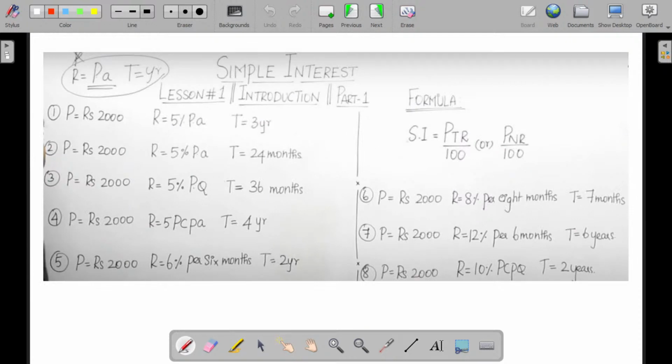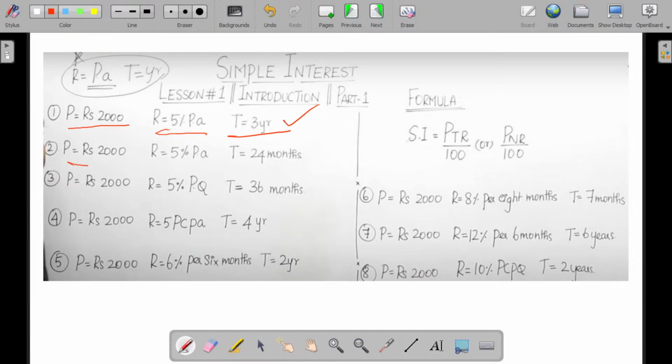There are some cases here, I hope it is visible. The principal is 2,000 rupees, the rate of interest is 5 percent per annum, and the time duration is 3 years. In this first case, no change is required, so you can easily calculate the simple interest.